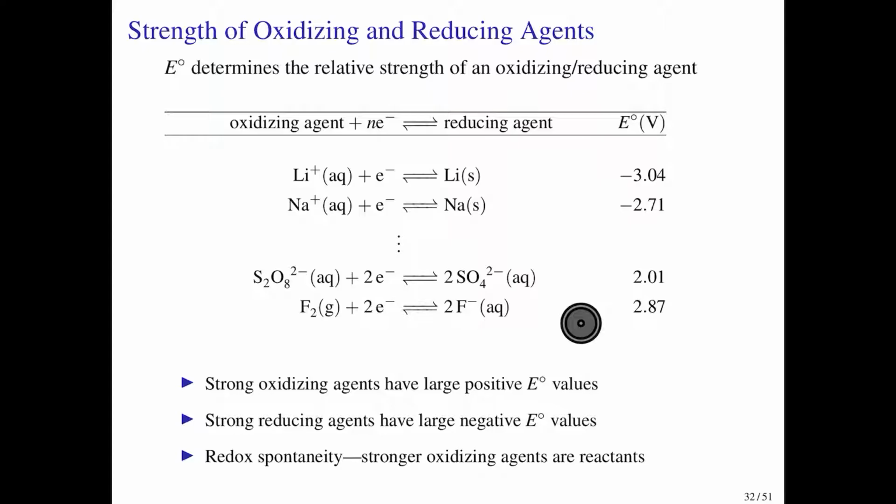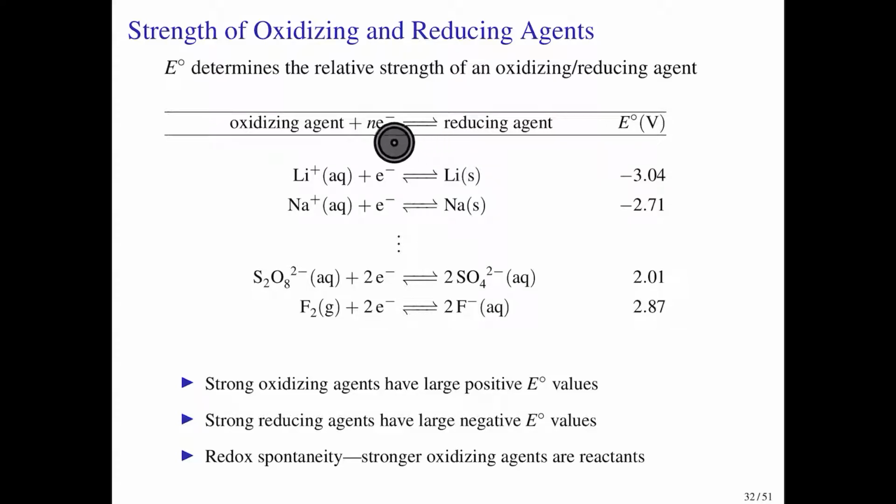Here's how we can interpret those values. Certain compounds like fluorine really, really want electrons. Fluorine can basically rip the electrons off of anything. Lithium metal, on the other hand, really wants to give away its electrons.